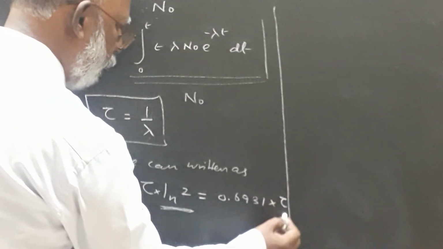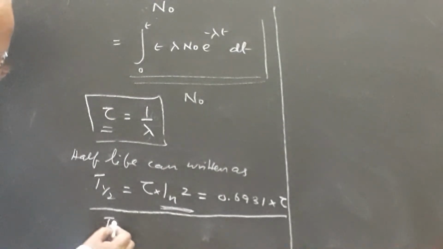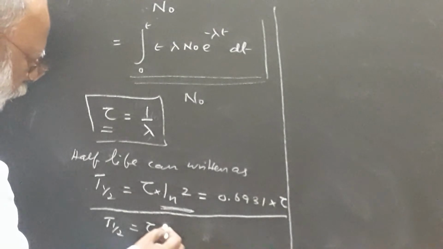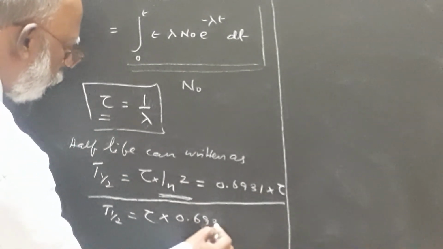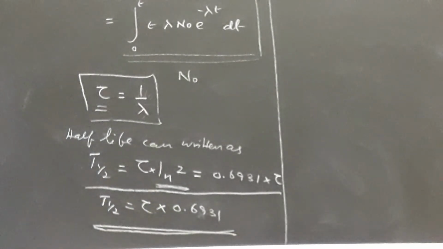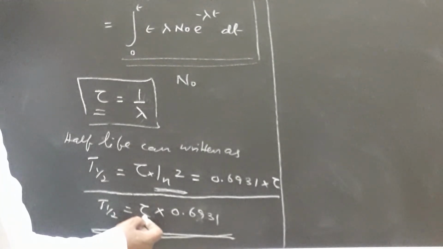That is the most valuable equation of T half. That is, T half is nothing but tau multiplied by 0.6931. This is the most valuable equation of the half-life period in terms of mean life.